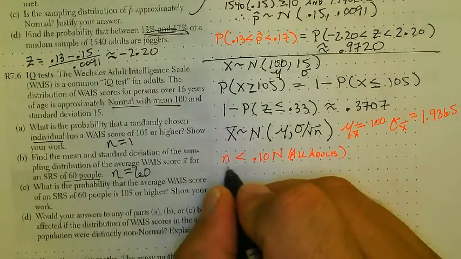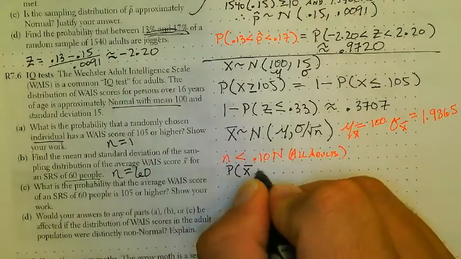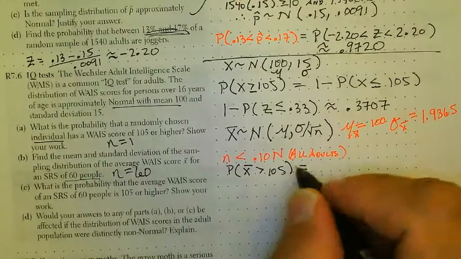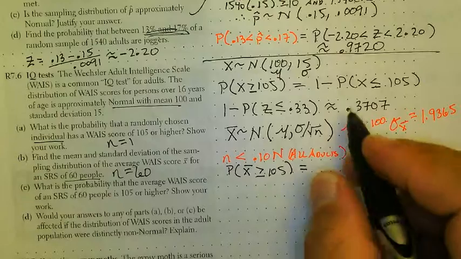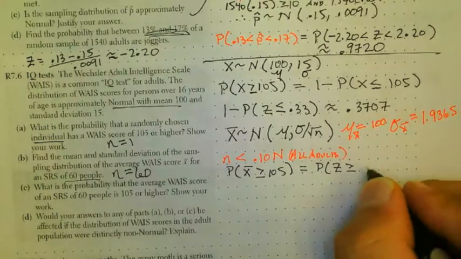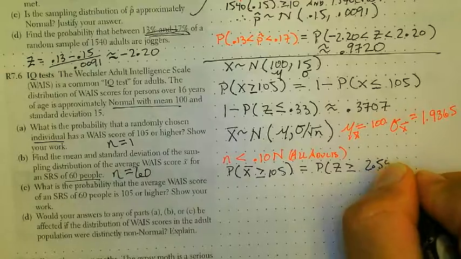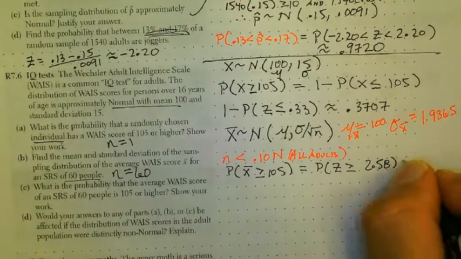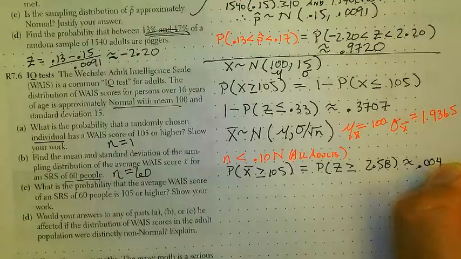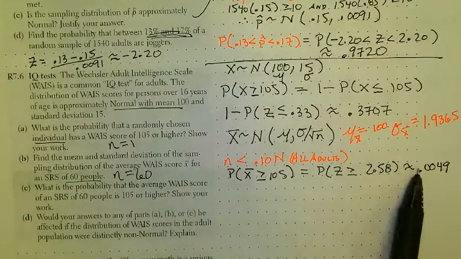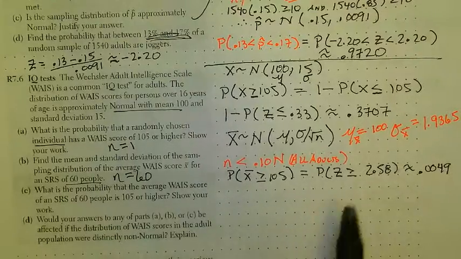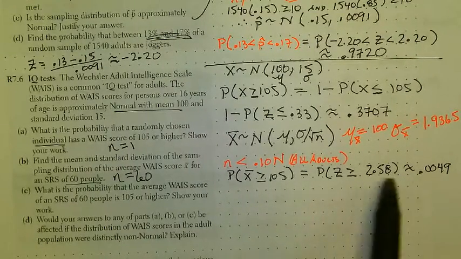All right, so we're looking for the probability that x bar is greater than 105, which, or at least, which is the probability that z is greater than or equal to 2.58. Using my calculator, I get that that's about 0.0049.